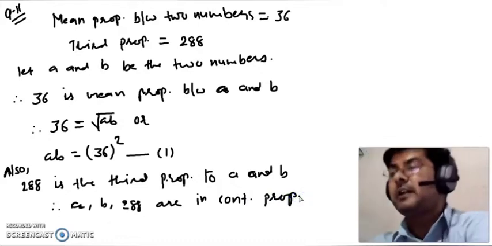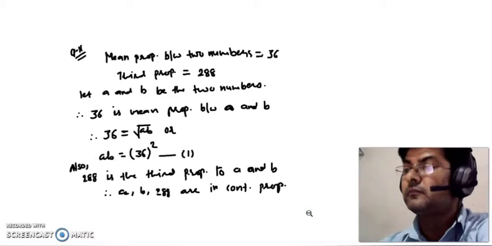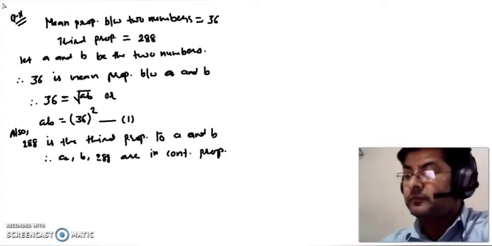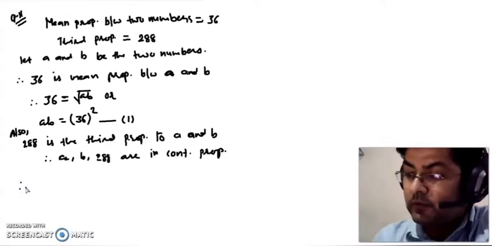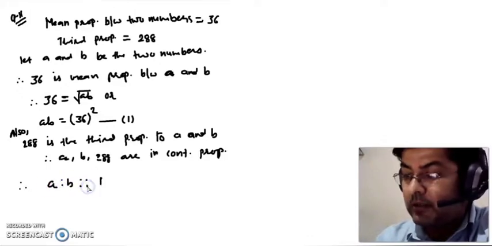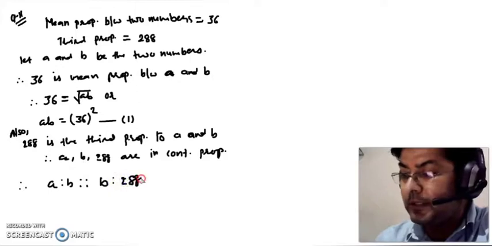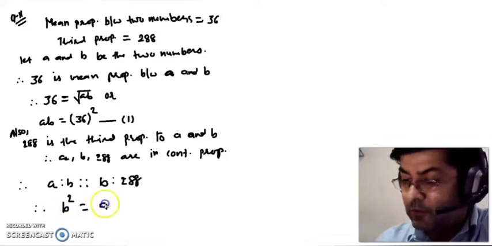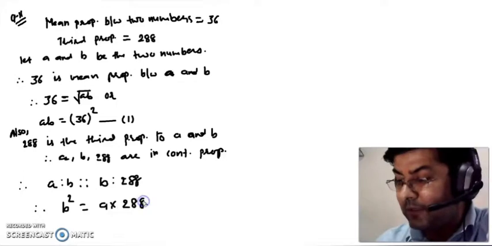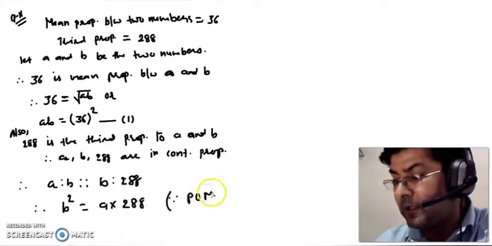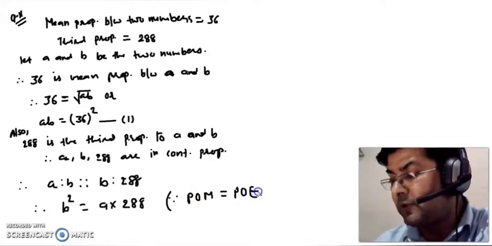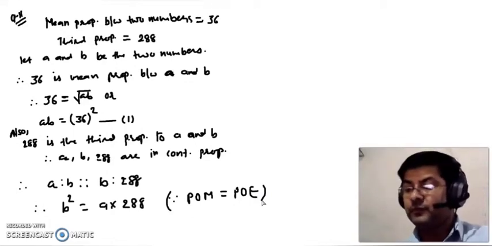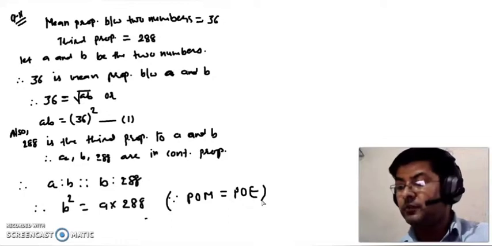Therefore we can write a is to b as b is to 288, and therefore b square is equal to a multiplied by 288, since product of means will be equal to product of extremes. Clear? Say this is equation number 2.